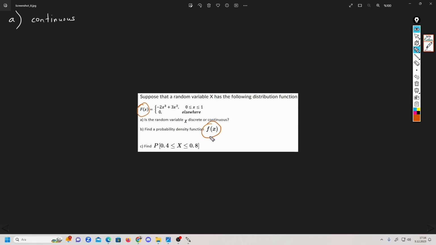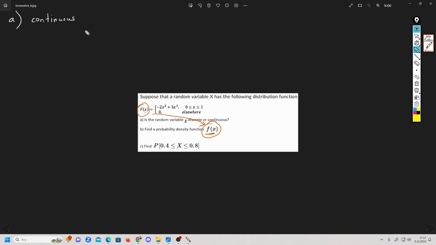In the previous examples, we were given here this one, and we obtain the cumulative distribution function by integrating. So we are given the cumulative distribution function. How can I obtain this one? By taking derivative.